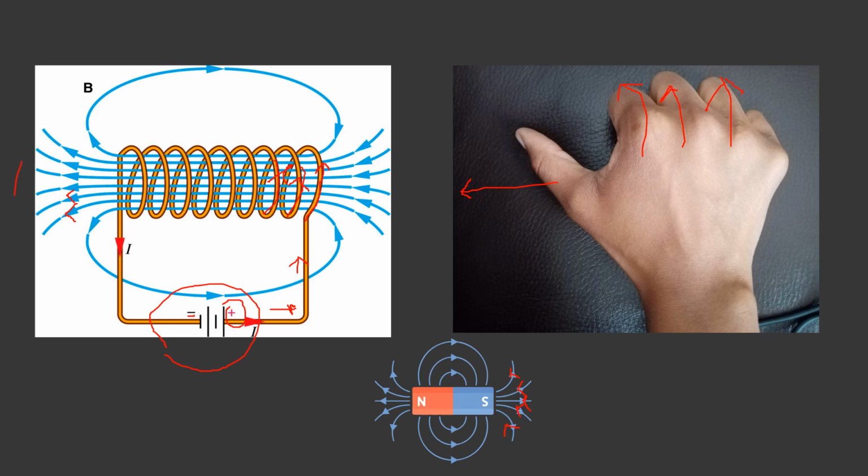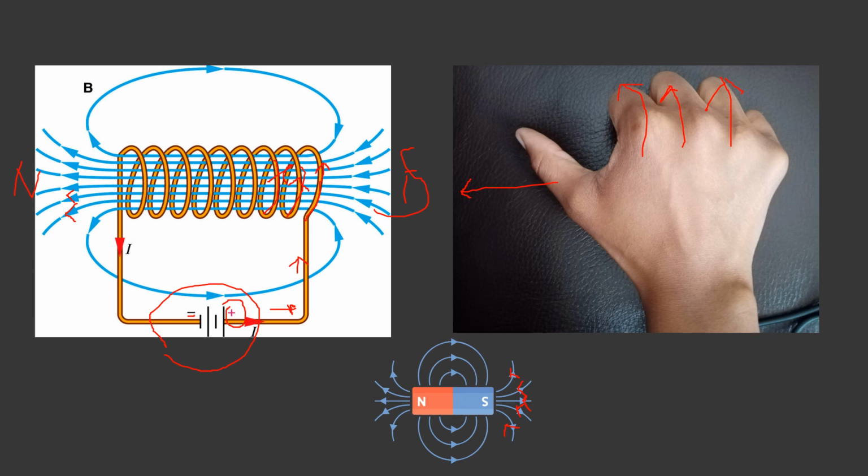So this part will act like the north pole, and if they are coming out of there, it means they will be disappearing on this end. So this will act like the south pole. So it behaves like a magnet, and if the number of loops increases, the strength of your magnet actually increases, the produced magnetism increases.